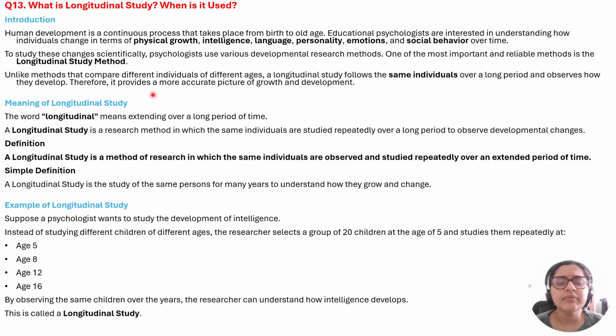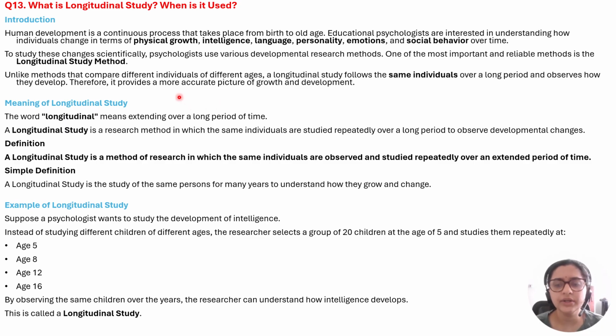Other methods compare different individuals of different ages, whereas a longitudinal study follows the same individuals over a long period of time, in order to observe how they develop. So this provides a more accurate picture of growth and development.